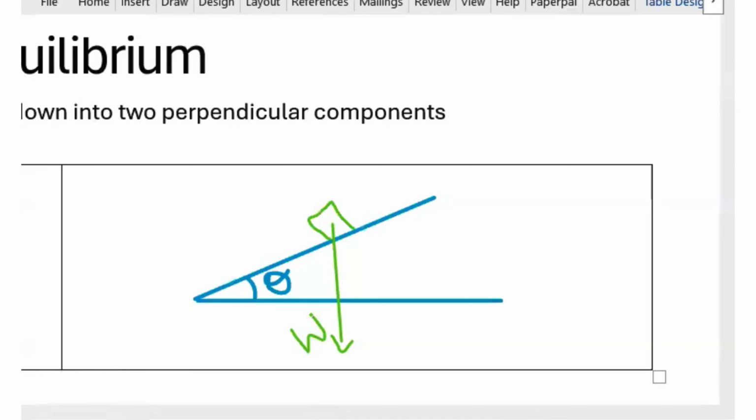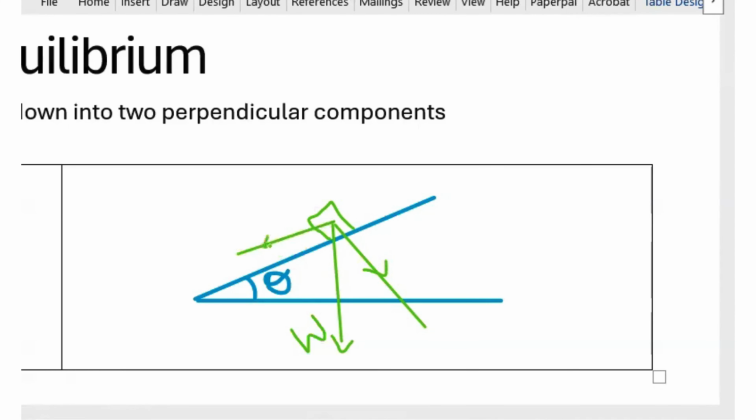Now, if I want to make two components of this force, the weight, how can I make the two components? One will be perpendicular to the slope, and the other is parallel to the slope.